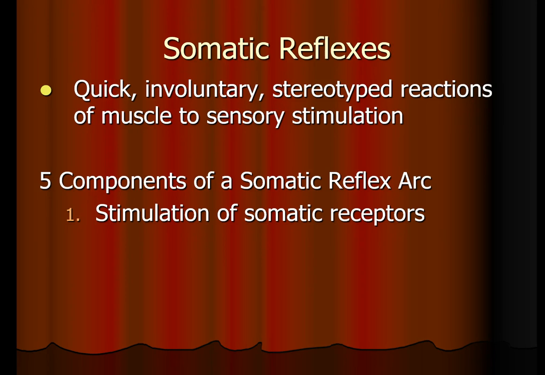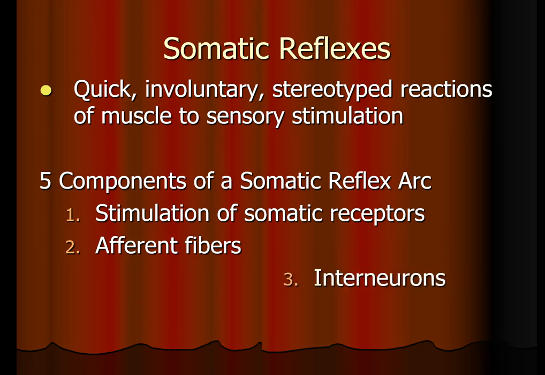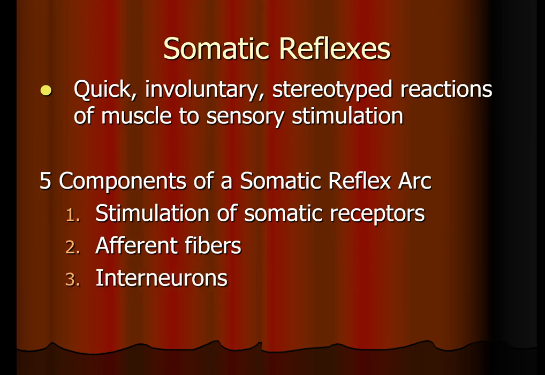Okay? That stimulus is going to get carried by a sensory afferent fiber back to the central nervous system where it'll synapse on what? What neurons are in the central nervous system that process this, integrate it? Again with an I. Interneurons. So that goes back to the interneurons.